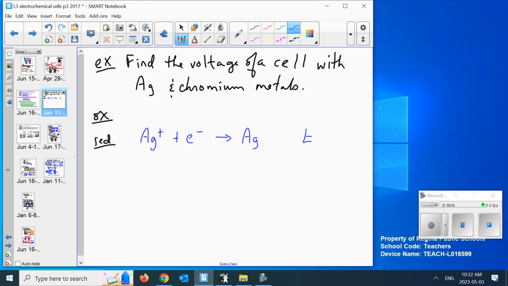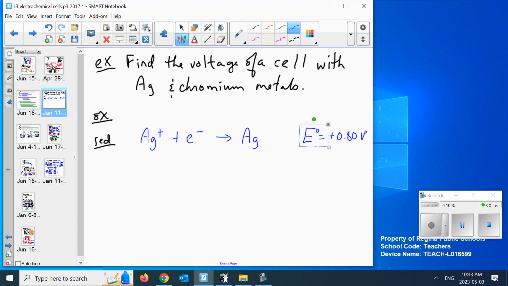And make sure that I write the voltage. Adding, because it's ending up in the product, the electrons are absorbed into the chromium one. It's flipped.